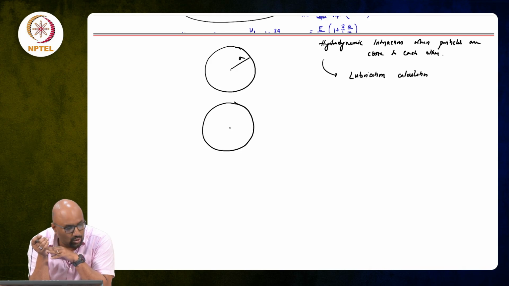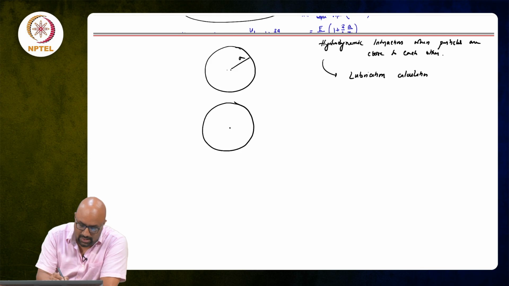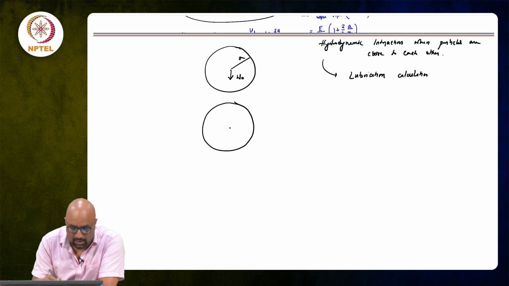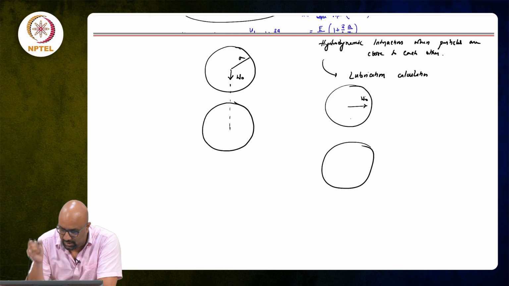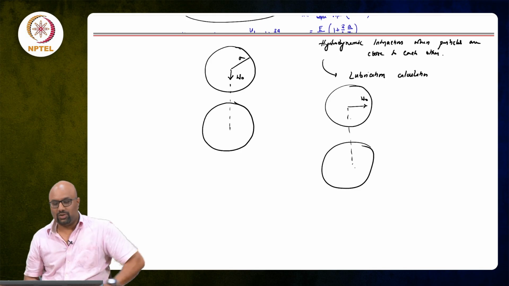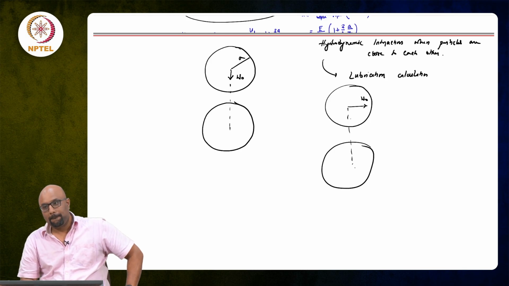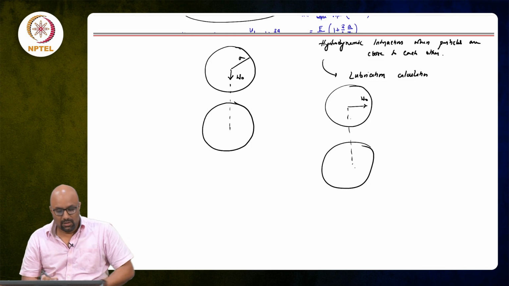So, when you bring these two spheres close to each other, you can have two kinds of relative motion. There can be a motion where the spheres are approaching each other along the line joining the centers, or the spheres are moving relative to each other normal to the line joining the centers.